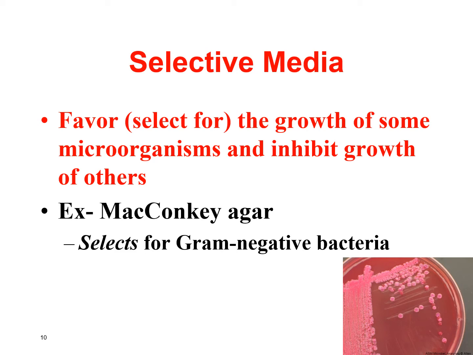So if you have bacteria growing on MacConkey agar, then you know that it's got to be gram-negative bacteria because it has chemicals in it that inhibit the growth of gram-positive bacteria. Okay, so selective media selects for the growth of one type of bacteria and inhibits the growth of others.